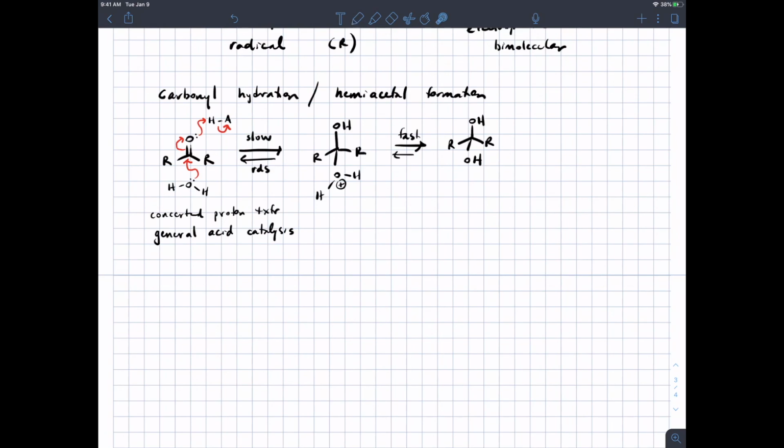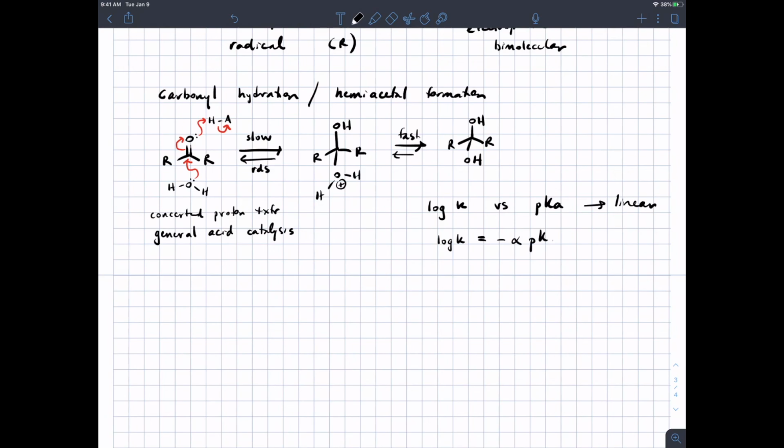So if the acid is involved in the rate determining step, you would predict that changing the acidity of that acid might influence the rate of the reaction. And in fact, if you vary the acid and then plot the log of the rate of the reaction versus the pKa of the acid, you get a linear relationship here, and it's basically a Bronsted plot that was similar to something we discussed, I think, in Chapter 8.